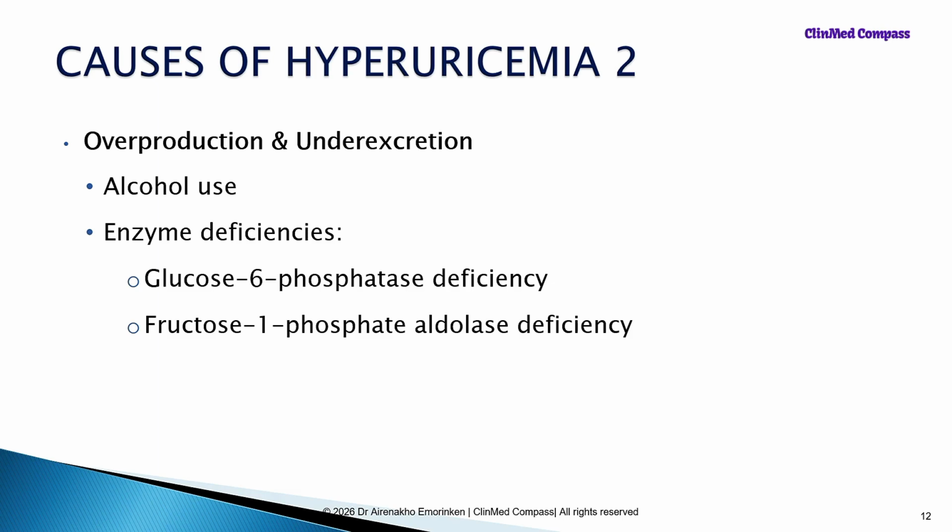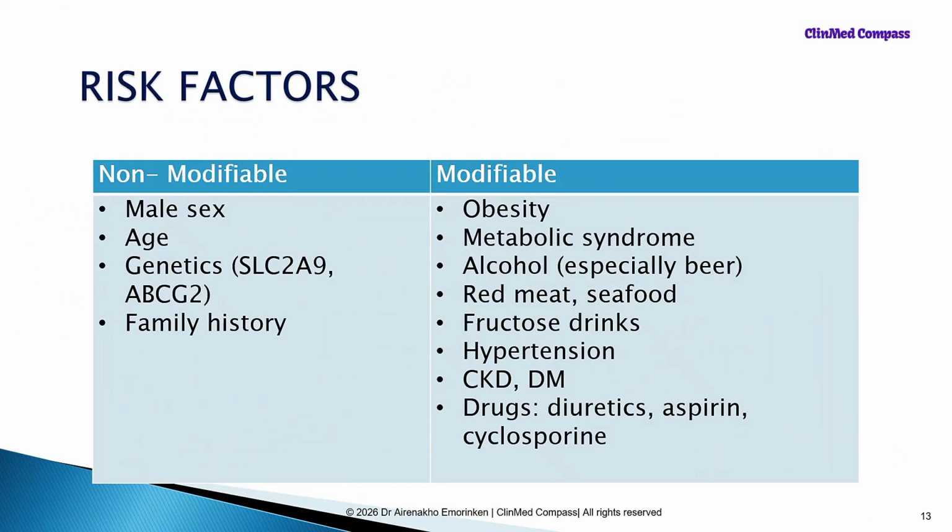This table organizes risk factors into non-modifiable and modifiable categories. Non-modifiable include male sex, increasing age, genetic predisposition, and family history.